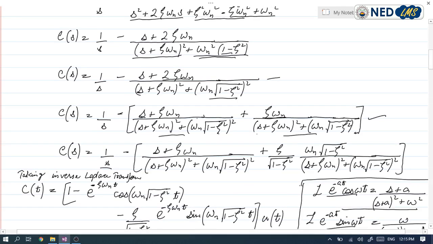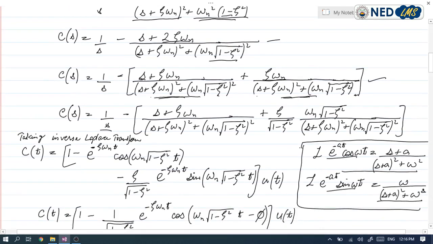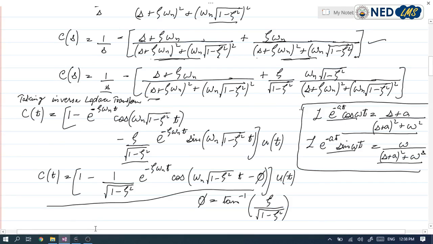This term has the same form as the exponential cos omega t term, but this term is not having the same form as the e to the power minus at sin omega t term.